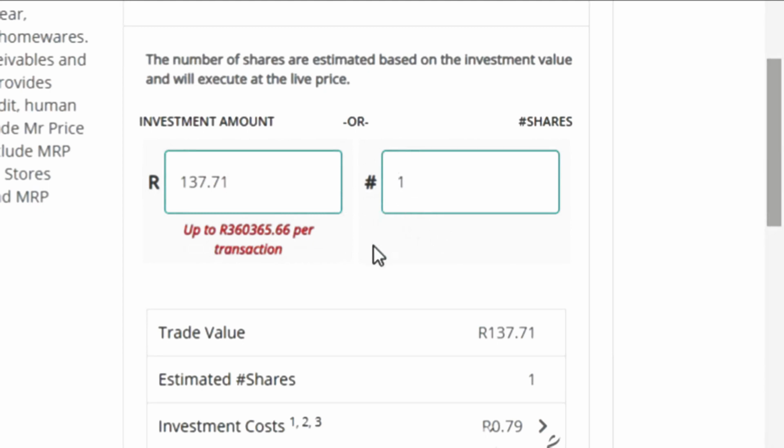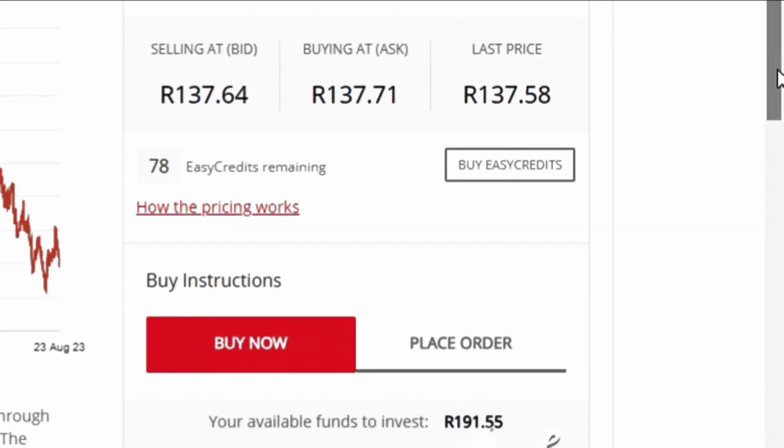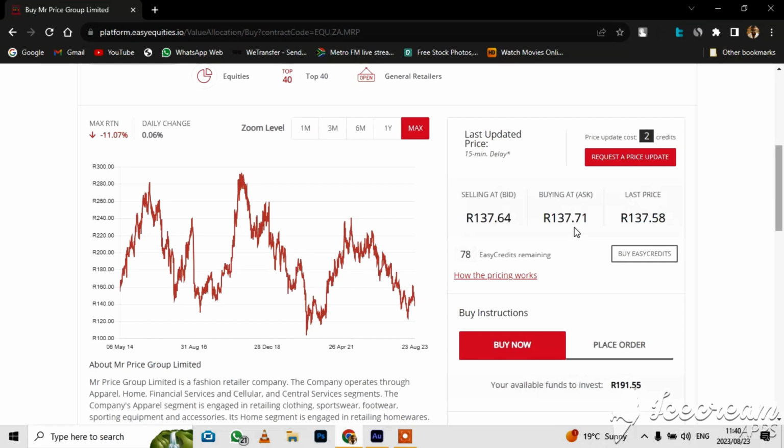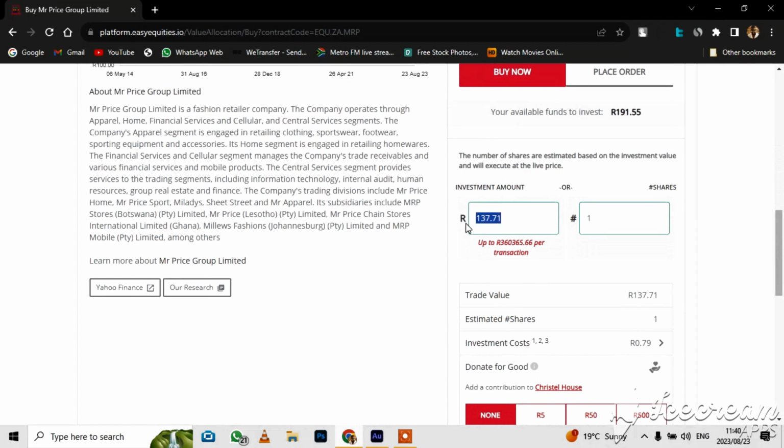But if you want to invest with less than this, it's not a matter that you should invest exactly the amount that you see here. You can invest with less. Let's make an example with how much per share costs, but I want to invest 20 rand here. Let's put in 20 rand and press it.